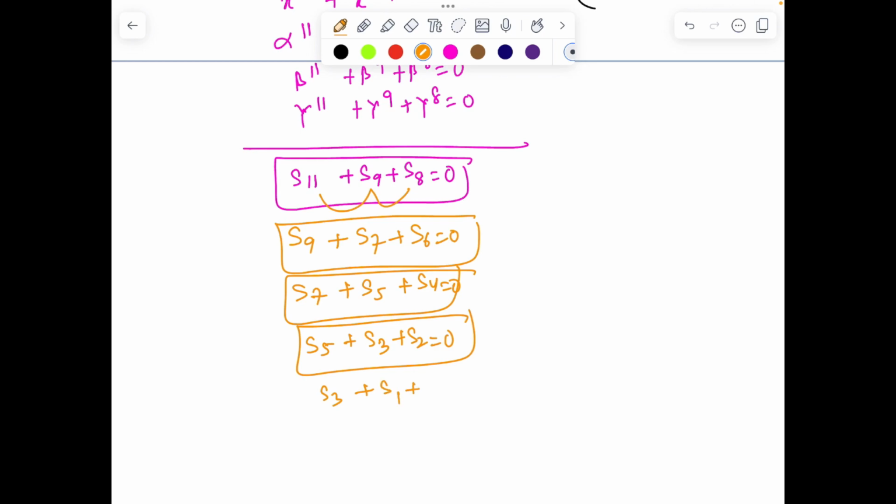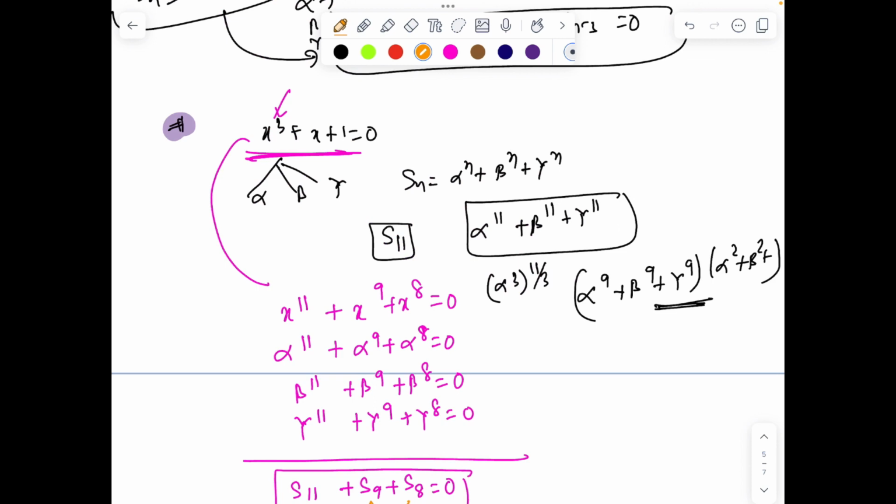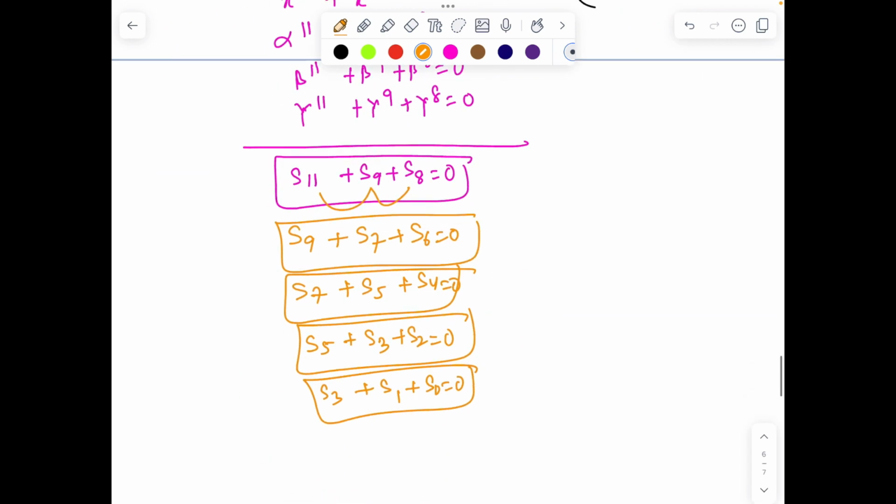And S3 can be related with S1 plus S0 equal to 0. Even S0 is defined here because S0 you can define as alpha 0, beta 0, gamma 0, which is 3. Okay, so now the base case is I know what is S1 and S0. So then S3 can be calculated.